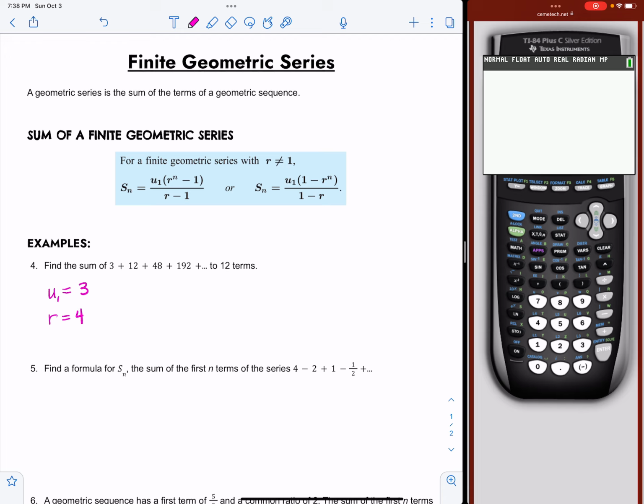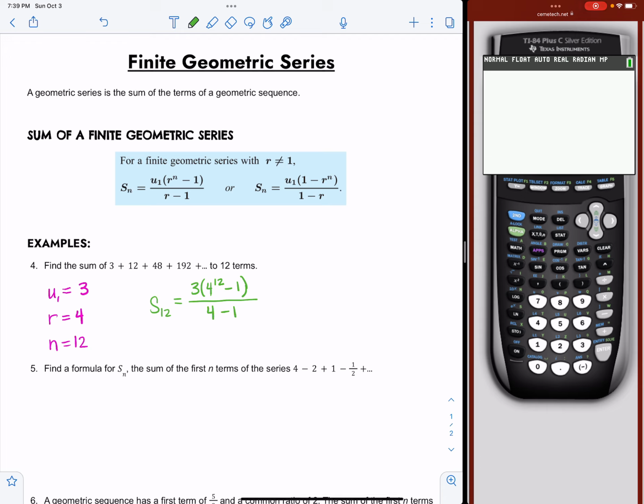Now that I have my information, we also know that the number of terms is equal to 12 as well, because it says up to 12 terms. Now that we know all of that, we can just substitute it into our formula. I'm going to use the formula on the left. So S sub 12 is going to be equal to u1, which is 3, times 4 to the power of 12, minus 1, divided by 4 minus 1.